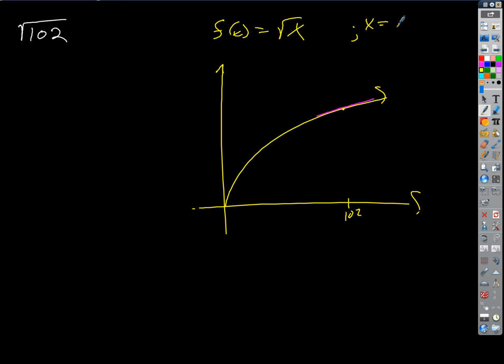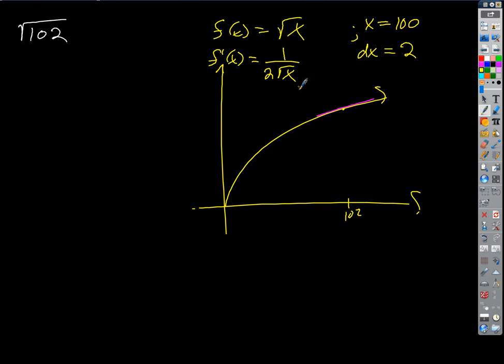We're going to choose x to be 100 and dx is going to be 2. So if f of x equals the square root of x, what's f prime of x? One half x to the negative one half. Okay, good. So 1/2 x to the minus 1/2, which is the same thing as 1 over 2 times the square root of x.